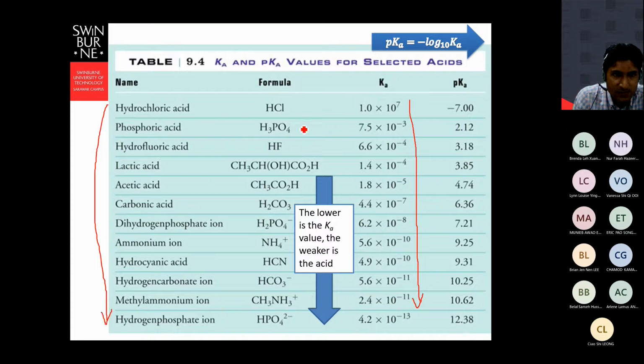Acid strength: hydrochloric acid has a Ka of around 10 to the power 7, which is very big. Then phosphoric acid, and then, let's say, hydrocyanic acid.